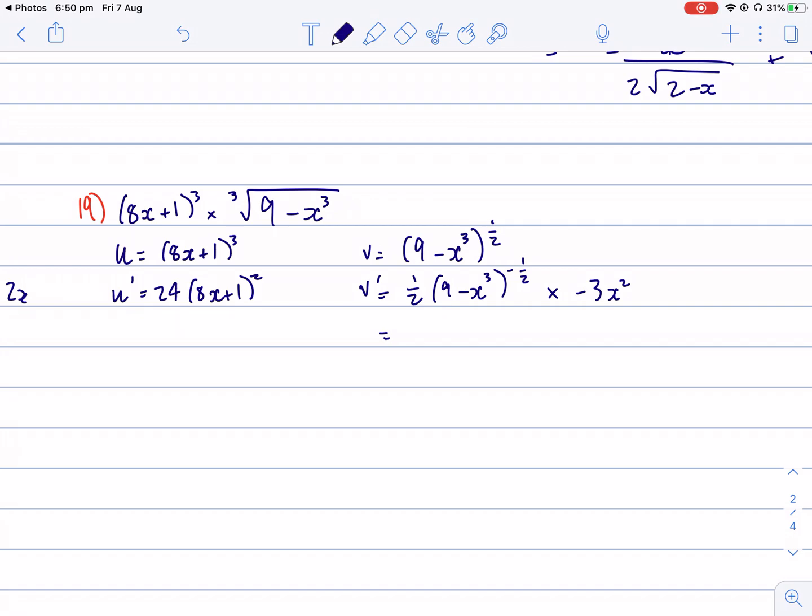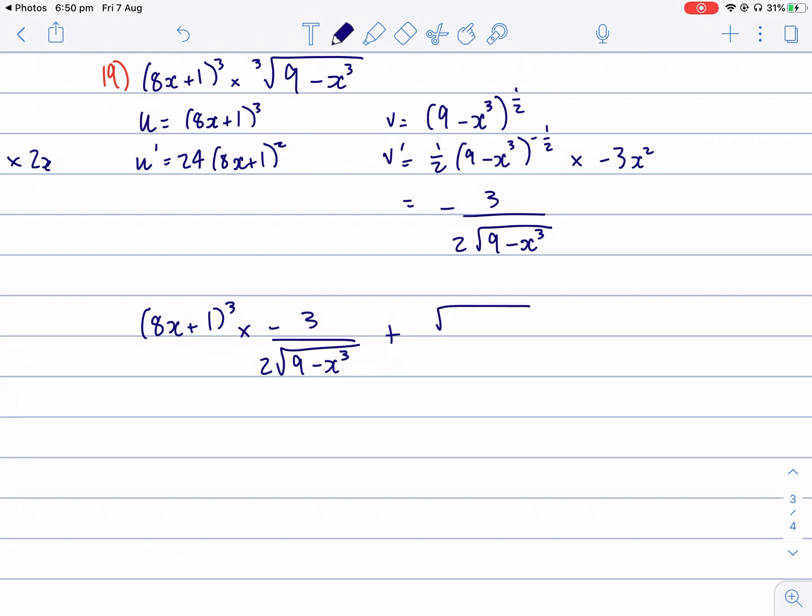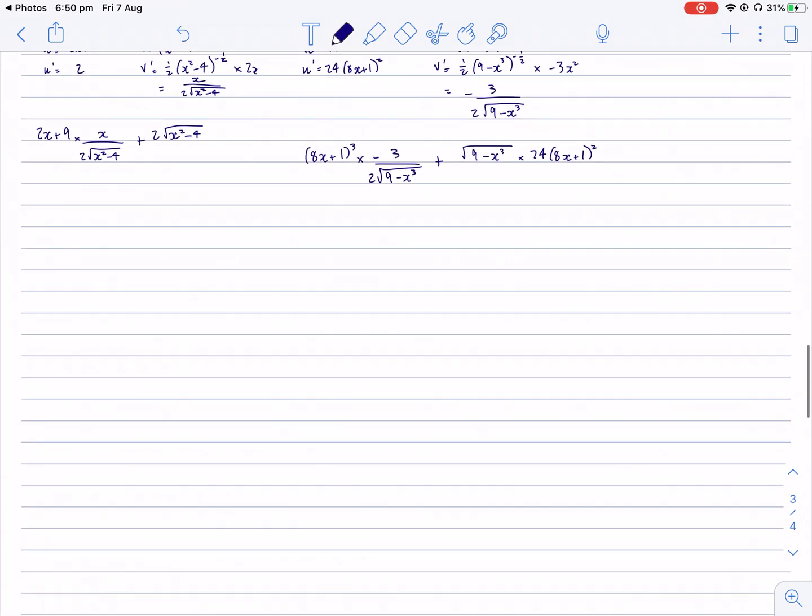So that's negative 3 on 2 root 9 take x cubed. Okay, so we've got (8x plus 1) to the 3 times negative 3 on 2 root 9 take x cubed, plus root 9 take x cubed times 24 (8x plus 1) squared. Again, not going any further with that.